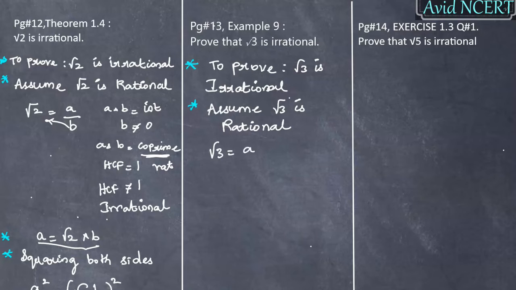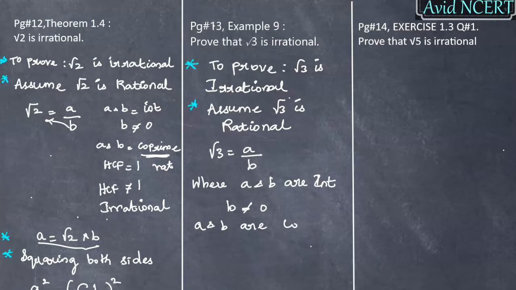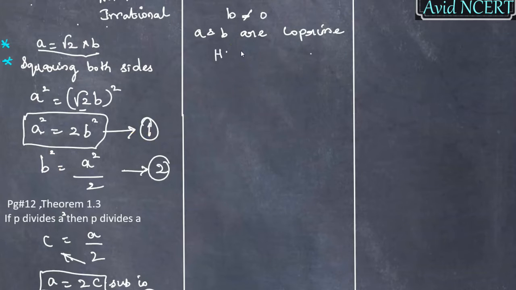So root 3 equals a by b, where a and b are integers and b is not equal to 0, and a and b are co-prime, which means they have highest common factor as 1.